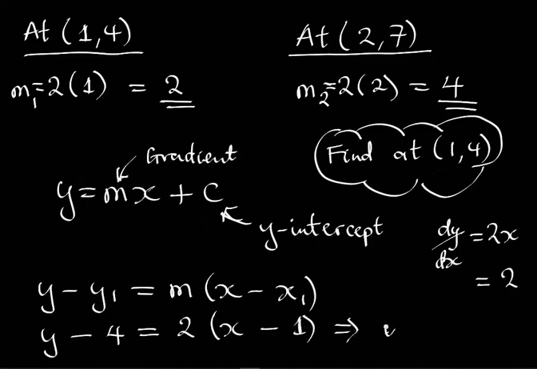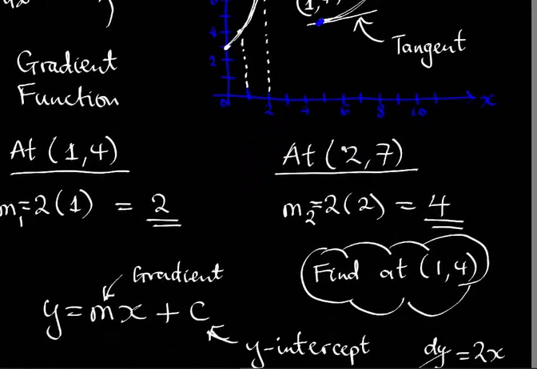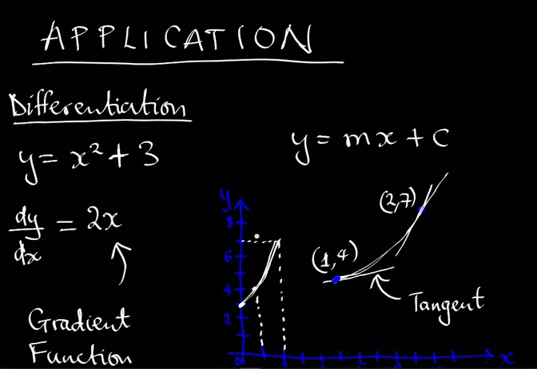We simplify this and we have y is equal to 2x minus 2 plus 4, which gives us 2. So the equation of the tangent, this one here, is equal to 2x plus 2. With this concept, we can use more concepts of coordinate geometry.